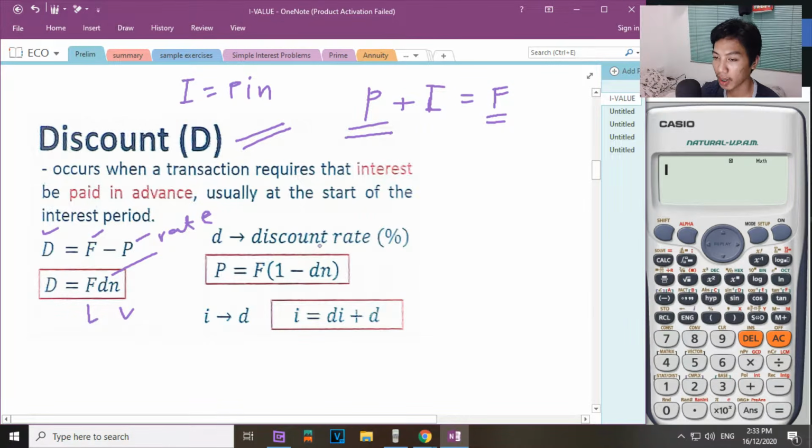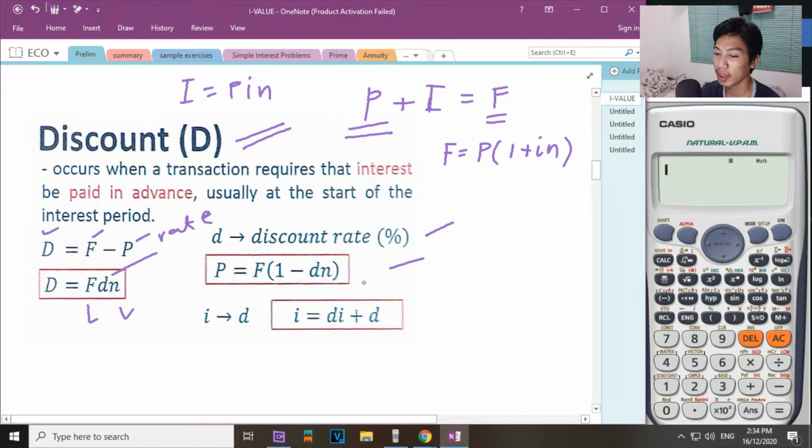Now, ayan yun D. Okay? And then, the principal amount is equal to the future amount multiplied to 1 minus dN. Somehow, this is relative din dun sa ating simple interest. Diba sa simple interest, yung future amount mo is P, 1 plus IN. Dito, minultiply mo sa F, yung 1 minus dN.